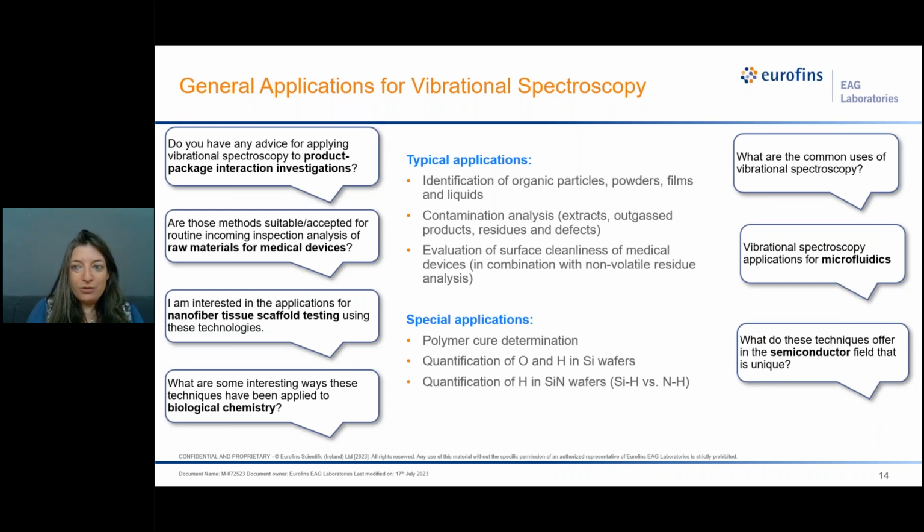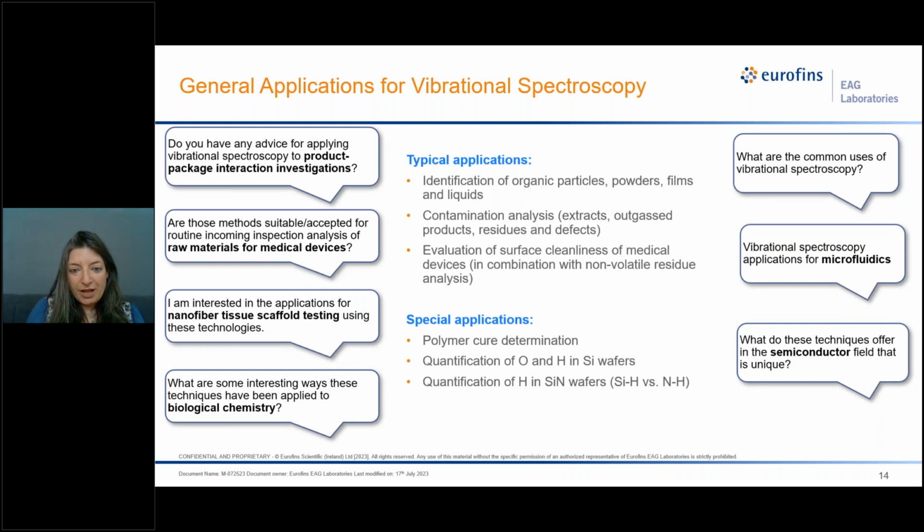Any kind of organic molecule that has a rich IR or Raman spectrum should work well. So we can look at particles, fibers, films. This is a very useful tool for contamination analysis, especially of unknown materials. And you can use it to look at cleanliness and so on. These are the typical applications.